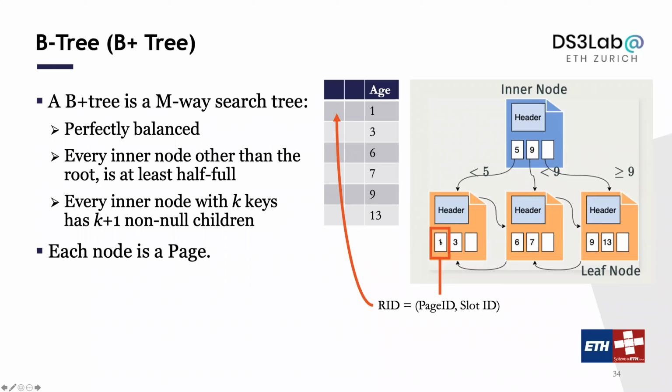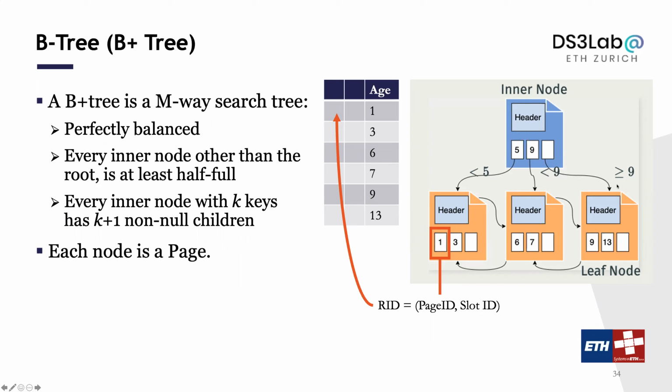The first page contains 1 and 3, the second page contains 6 and 7, and the third page contains 9 and 13. For the inner node, I also contain a key. I have 5 here, which means if you are searching for age smaller than 5, go to this child. If you are looking for things between 5 and 9, you go to this one. If you are looking for things larger than 9, you go to this one.